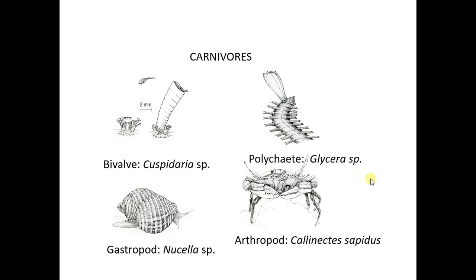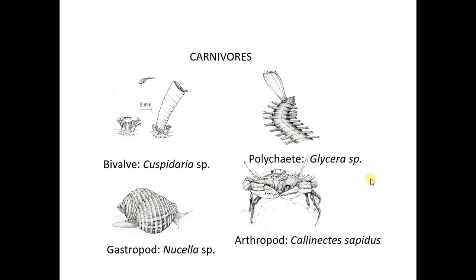So there are also other forms of feeding in benthos. You have the carnivores, those that eat other live benthos or other live organisms or animals, lower animals.